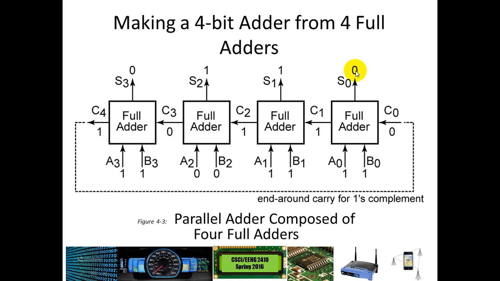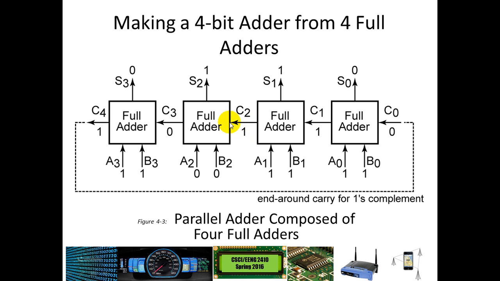So 1, 0 is binary for 2. Now we take this as a carry in and add that to these 2 ones. 1 plus 1 plus 1 is 3. The binary for that is 1, 1. So we put our least significant 1 up here as the sum, and then we put this 1 over here as the carry out.